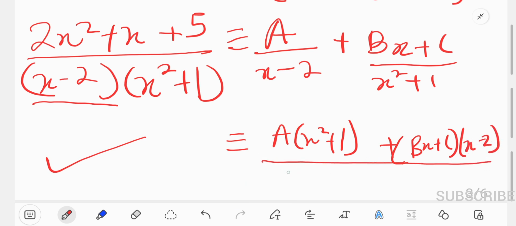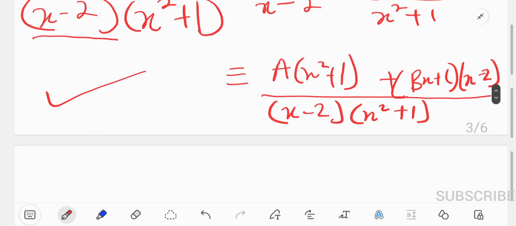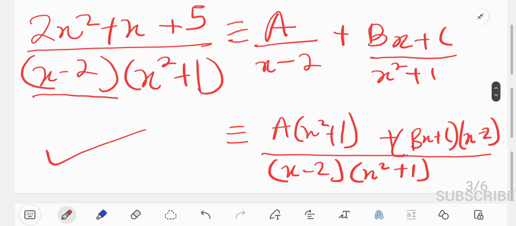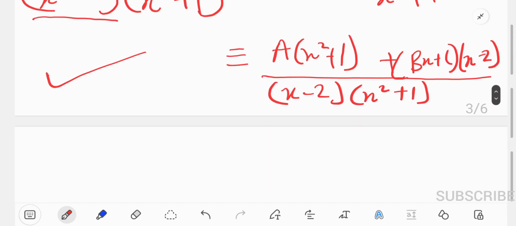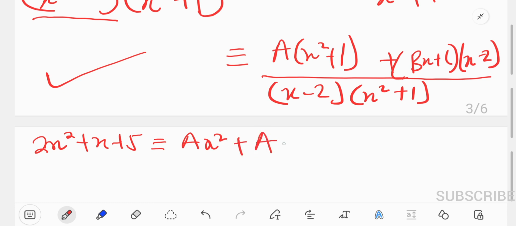Okay, all of this over x minus 2 times x squared plus 1, right? So our denominators are now equal. Let's just compare the numerators. So we have 2x squared plus x plus 5 being compared with, let's expand it, ax squared plus a plus bx squared minus 2bx plus cx minus 2c.